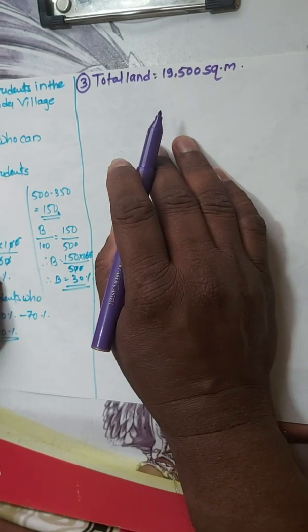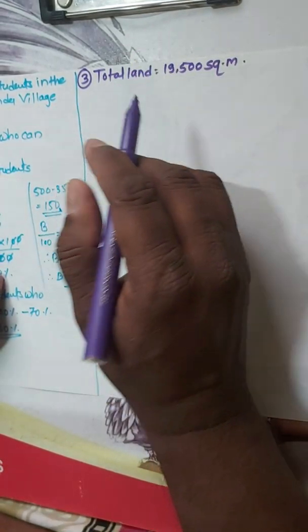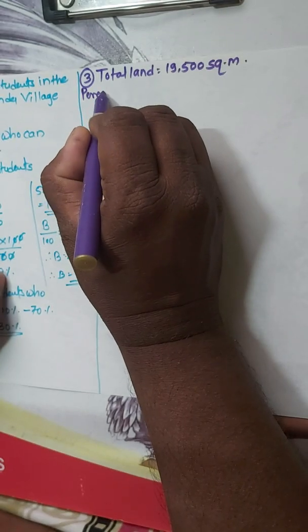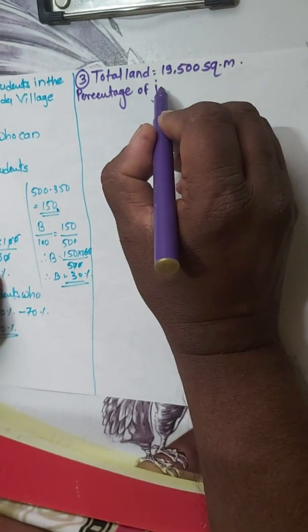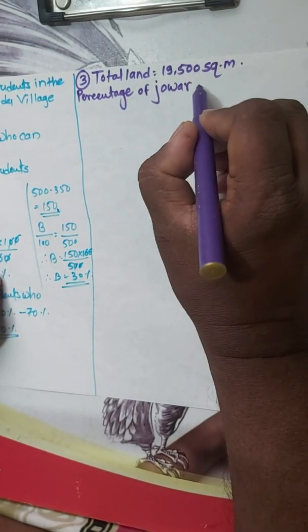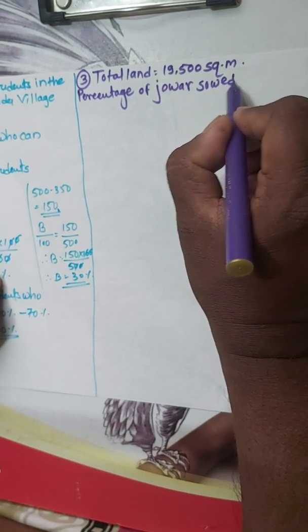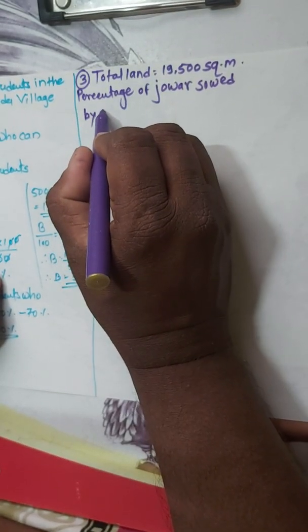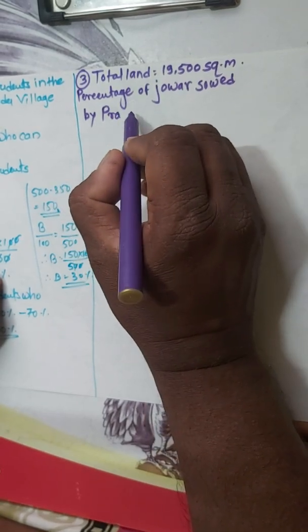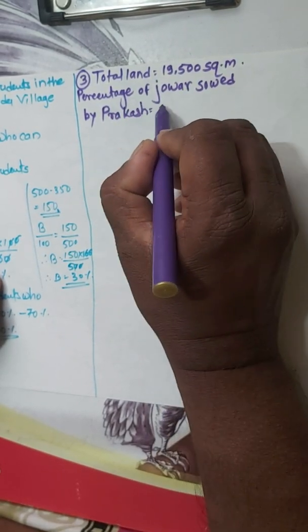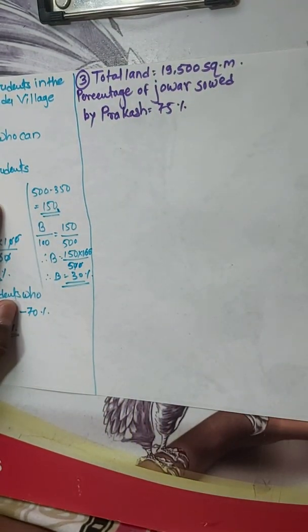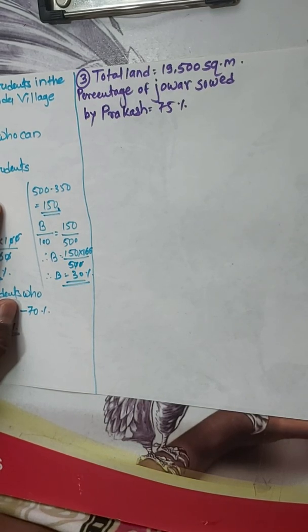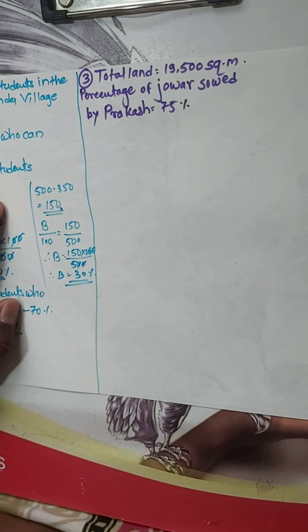Then they gave the percentage of jawar sowed by Prakash is equal to, that is given, 75%. These are the given things. Now here students, what we have to find is on how many square meters did he actually plant jawar. So that part of land we have to find.